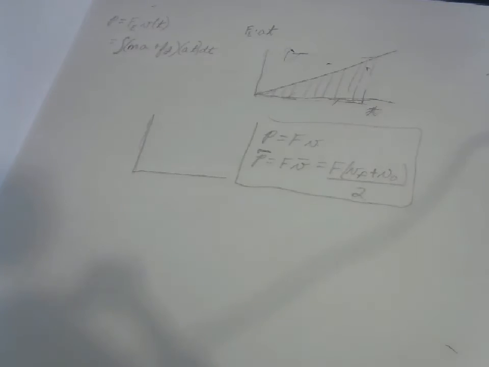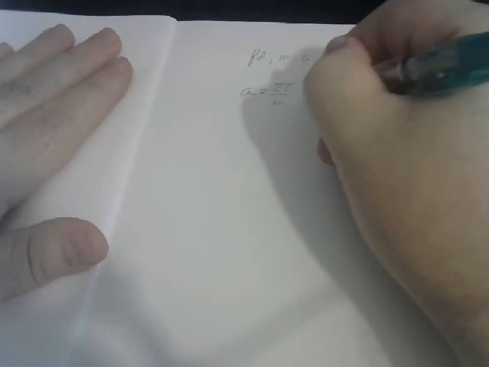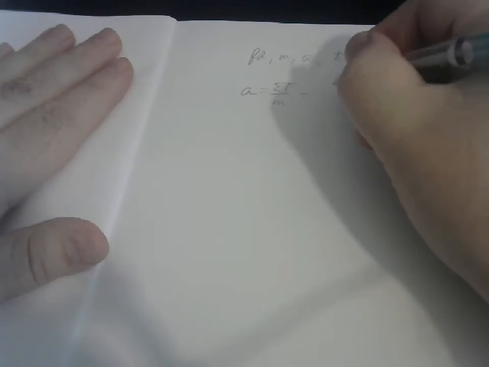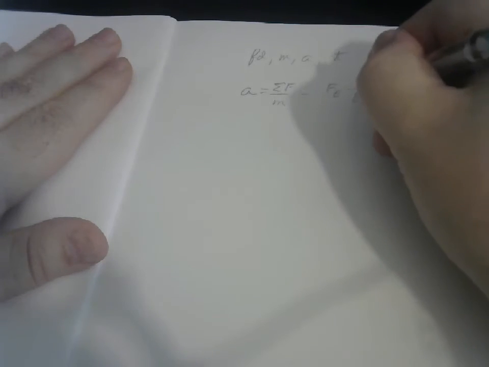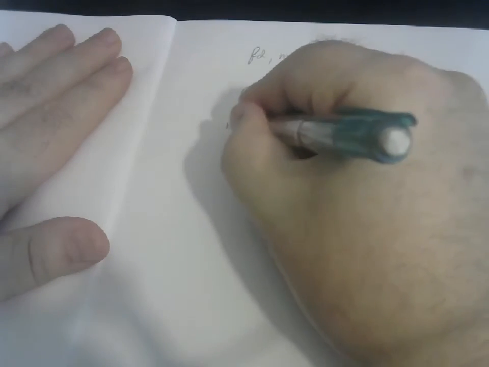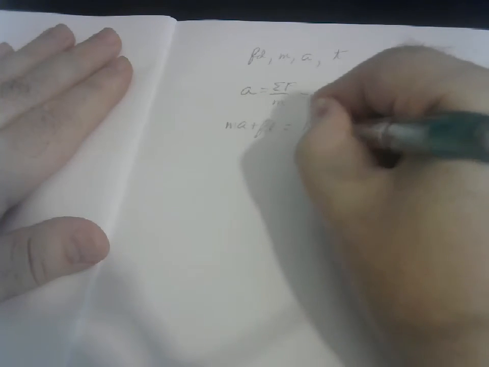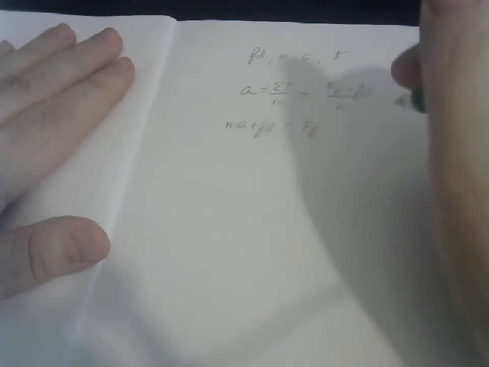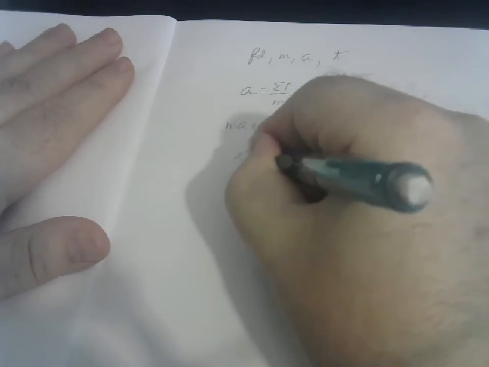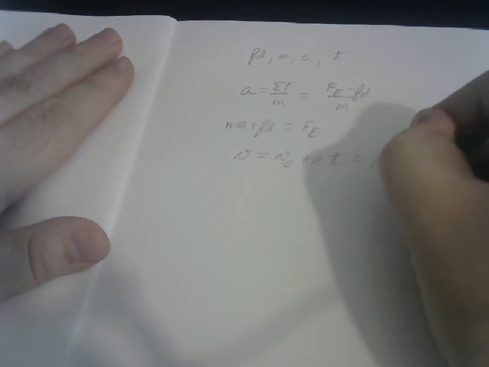And in order to get that, let's first think in terms of Newton's second law, sum of forces over m, which in this case will be the force of the engine minus the drag force, over m. So ma plus the drag force is equal to the force of the engine, and the velocity started at 0, v sub naught plus at, so in this case it will just be at.